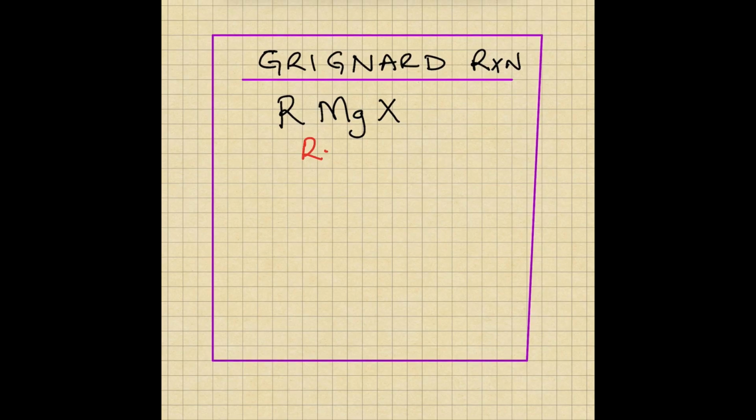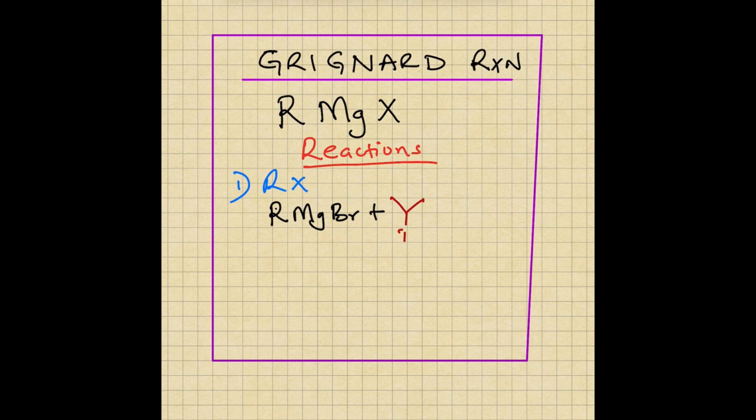Now let's look at reactions of Grignard reagents. Number 1, reaction with alkyl halides, RX. So for example, if you have an alkyl magnesium bromide plus propyl iodide, remember you end up generating R minus nucleophile, which then will carry out an SN2 displacement of the leaving group iodide.